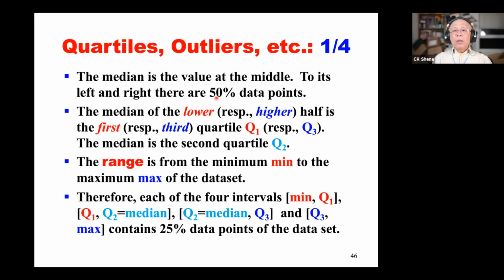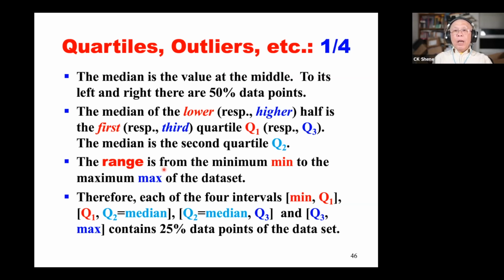The median of the lower half is the first quartile. We call it Q1. The median of the higher 50%, we call it the third quartile, named Q3. The median itself is the second quartile, Q2. Now, it looks kind of messy. If you sort your data, you mark your median.